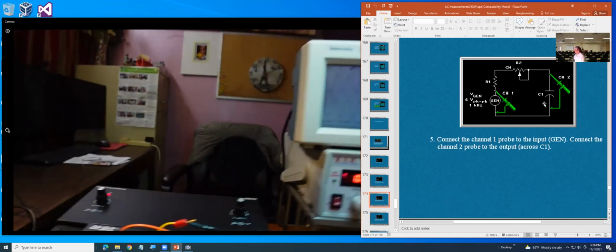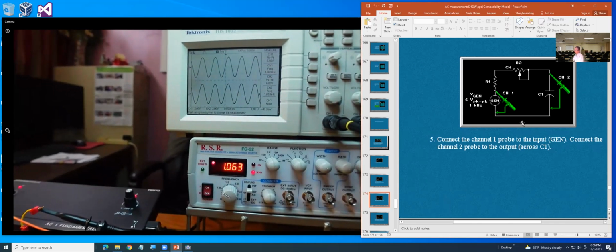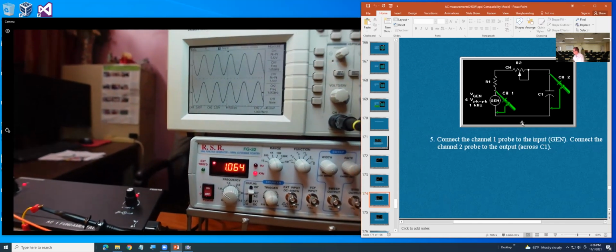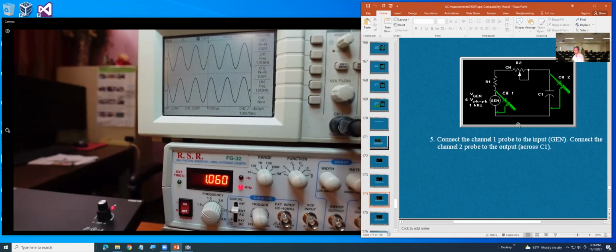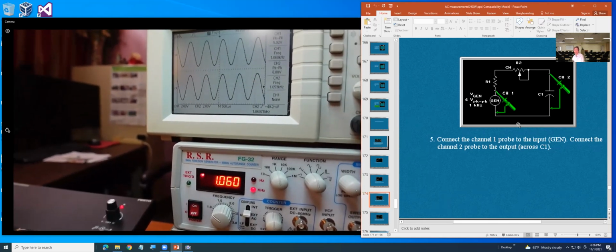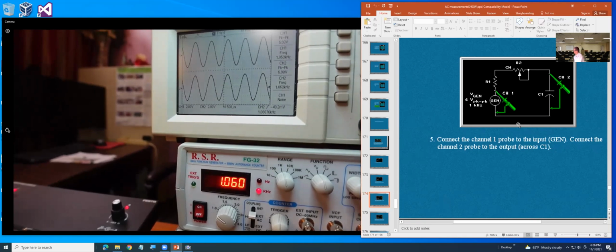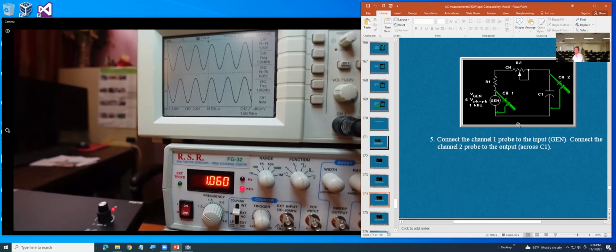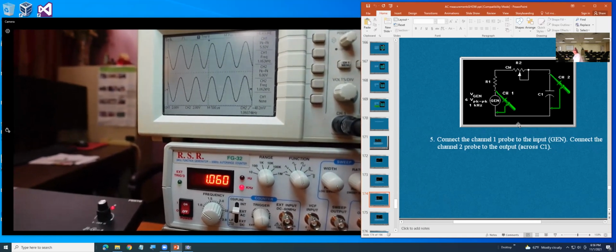Okay, so if you're looking at the scope, you get a true signal. And now, if you're moving channel 2, you're going up here. Okay, right now they're in phase.